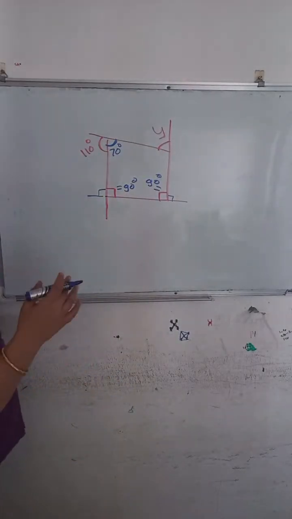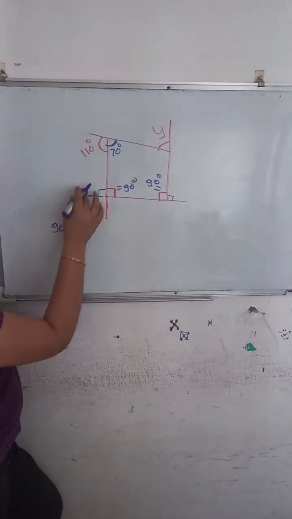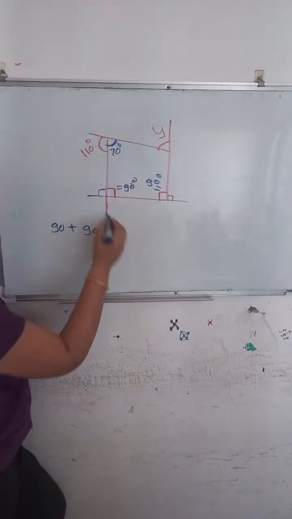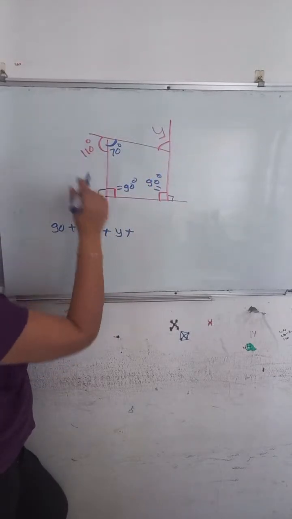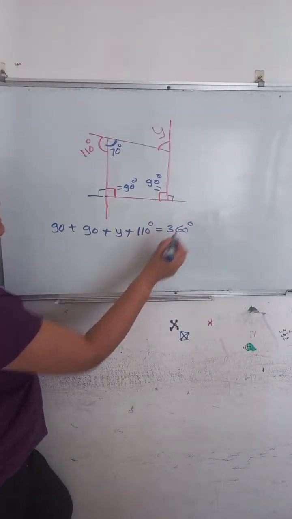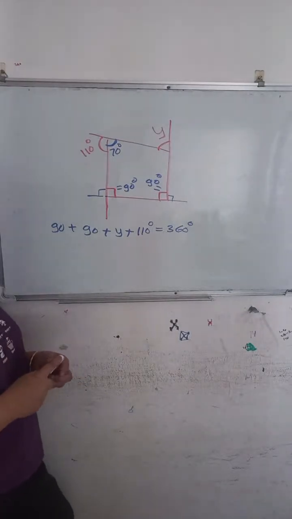If we take all the exterior angles, then we can write here, this is 90 plus this exterior angle is 90, this exterior angle is y, this exterior angle is 110, and this sum is equal to 360.